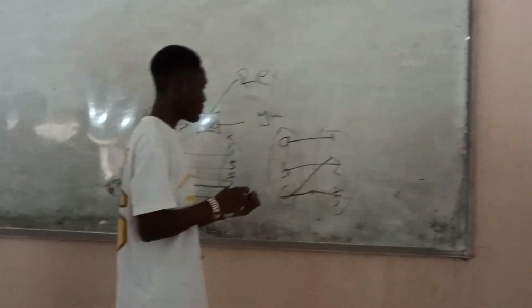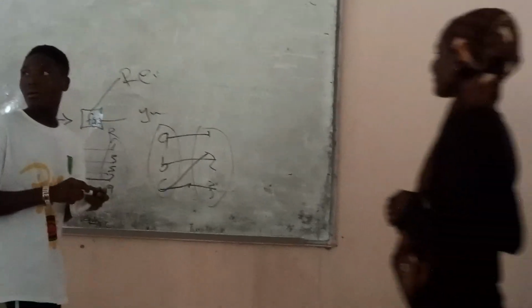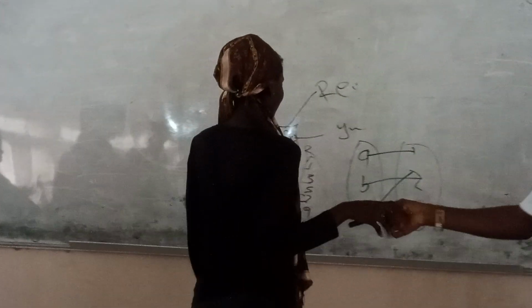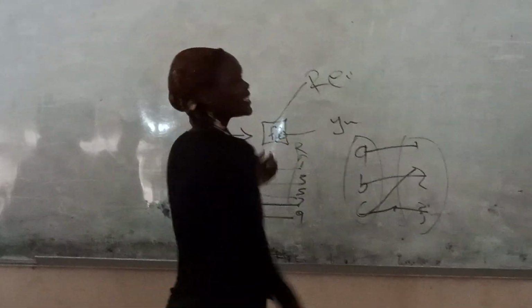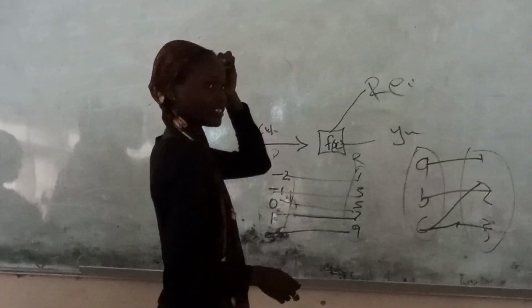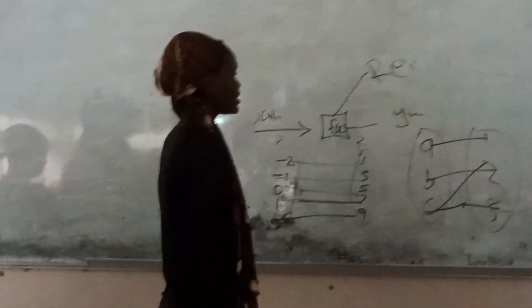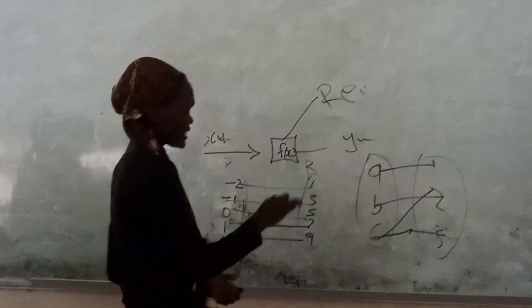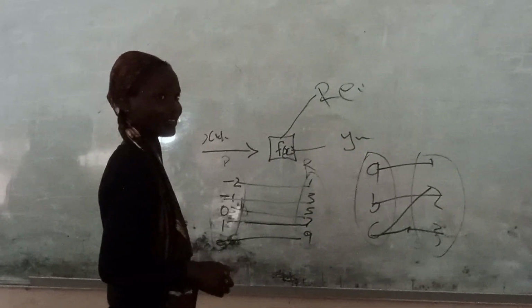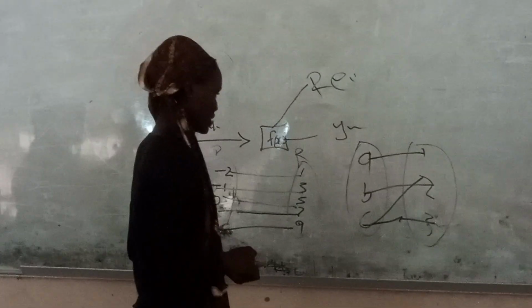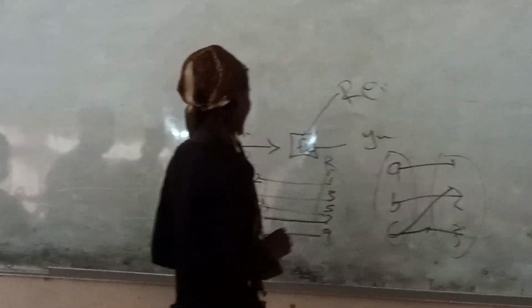Beautiful, come here. Can you say something about that? Give her the pen. Continue from there. He's saying that that thing is a surjective function. What do you say about what he has said? Do you agree? What do you say to that statement?